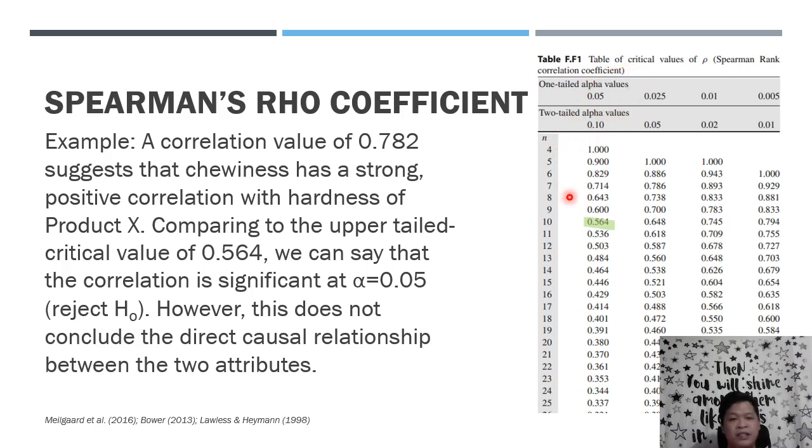Since in this case, for example, for a one-tailed test, it is higher than the critical value, then the association is significant at one-tailed alpha 0.05.